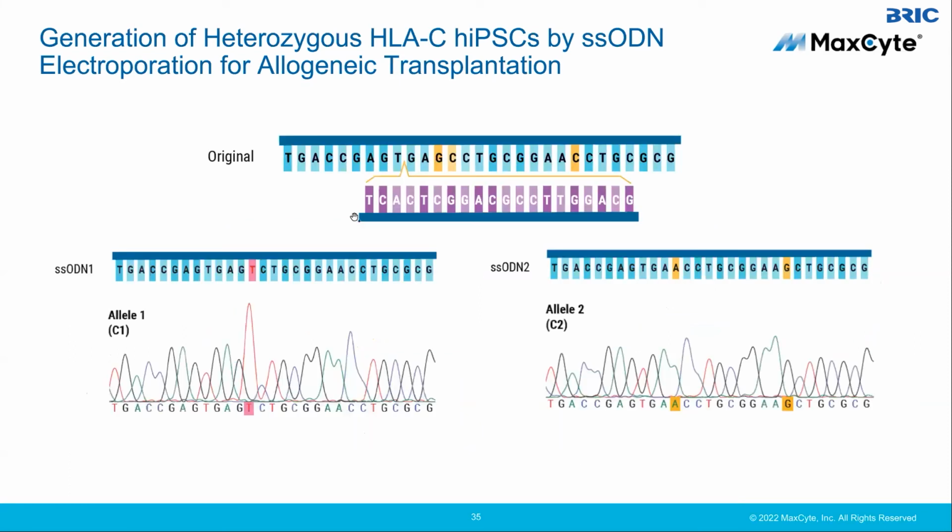This is showing the results where we're getting the expected silent mutation introduced, as well as the two other mutations to induce the HLA-C conversion. In this case, it was about 1 out of 29 clones for simultaneous knock-in of both SSODNs, but I think this data highlights that you can perform complex engineering of iPS cells for the goal of allogeneic transplantation.